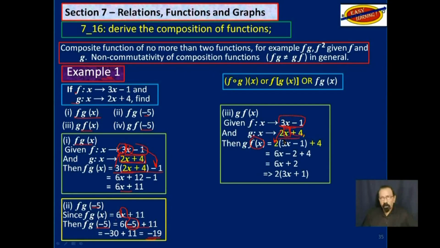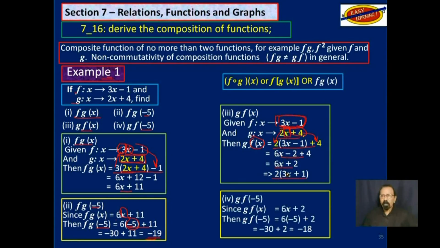This plus 4 is still here. All we have done is remove that x on the right of that 2 and replace it with 3x minus 1. So this is what we have. We simplify that and we get this. We could factorize that. So we get 2 times (3x plus 1).